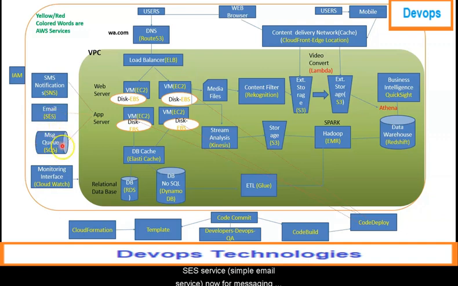Now for messaging queues, for a chatting application, Amazon has built its own queue service which is called SQS, Simple Queue Service. And finally, to monitor all this infrastructure, how my EC2 is doing, the CPU utilization of EC2, how the database is doing, all this can be monitored in real time using the service called CloudWatch.